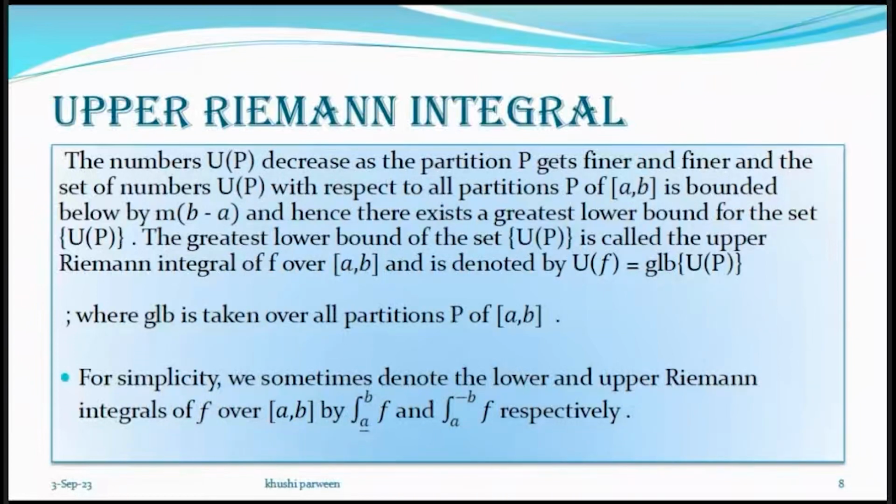The greatest lower bound of the set is called the upper Riemann integral of f over [a, b] and is denoted by U(f), which is equal to the greatest lower bound of U(f, P), where the GLB is taken over all partitions P of [a, b]. For simplicity, we sometimes denote the lower and upper Riemann integrals of f over [a, b] by the lower integral from a to b of f and the upper integral from a to b of f respectively.